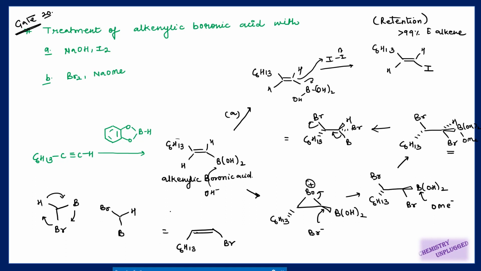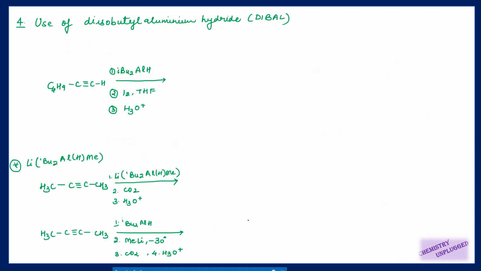So this mechanism is very, very important, and you have to be very careful about whether iodine or Br2 is used first or after NaOH or sodium methoxide. This is a very important point. In that case you will get Z alkene. Then we will use diisobutyl aluminum hydride, DIBAL. When we use DIBAL, there is syn addition of the isobutyl aluminum hydride. How? These two will remain on the same side like this.